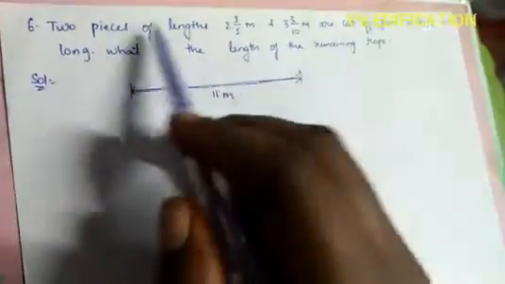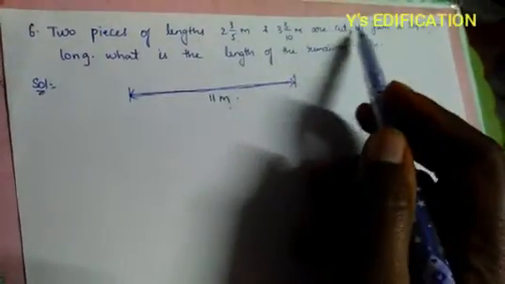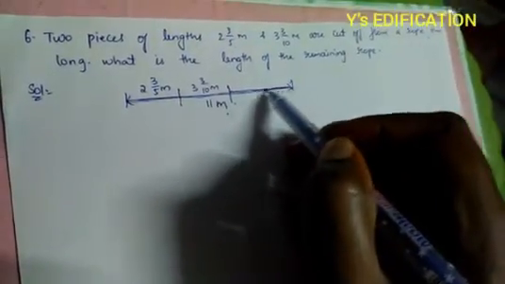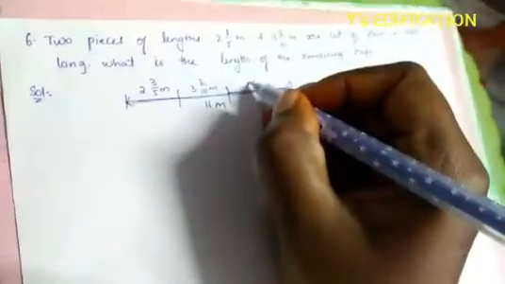From this rope, two pieces of length 2 3 by 5 meters and 3 3 by 10 meters are cut off. One piece is 2 3 by 5 meters and the second piece is 3 3 by 10 meters. So what I have to find is the length of the remaining rope.